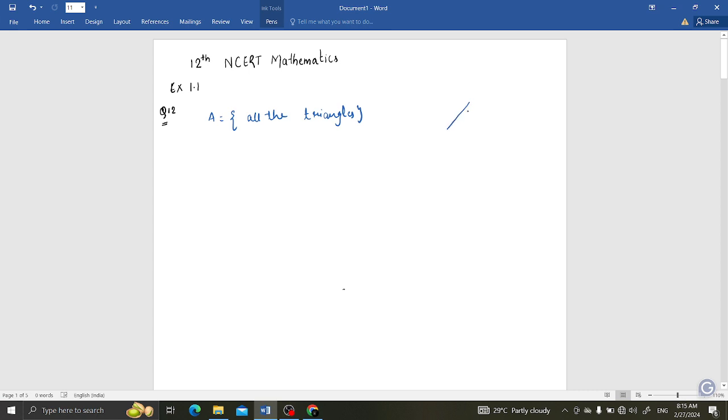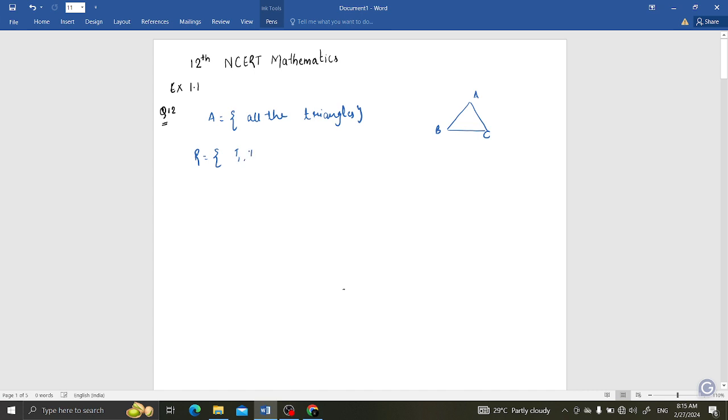Triangle shape we already know. This is like that: A, B and C, which is a closed figure and has three sides, three vertices and three angles. Now, let us set A and relation R defined on A.